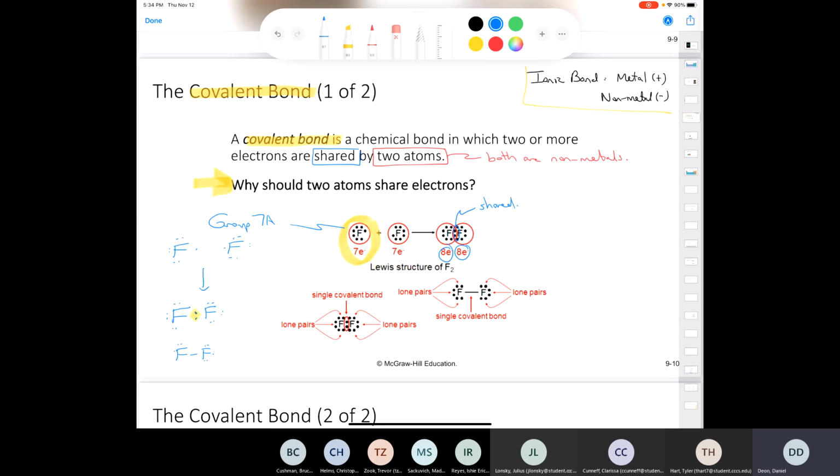And when we have a line like that, we know that that line signifies that there are 2 electrons in there. So it's as if the fluorine on the left has 1, 2, 3, 4, 5, 6, 7, 8 electrons. Hey, it's isoelectronic with neon. It's as if the fluorine on the right has 1, 2, 3, 4, 5, 6, 7, 8 valence electrons. Now it's isoelectronic with neon.